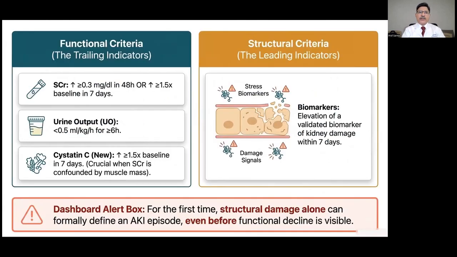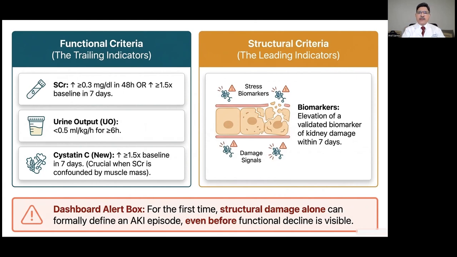Now, functional criteria and structural criteria. Serum creatinine rise of more than 0.3 in 48 hours, or more than 1.5 times baseline in 7 days. Urine output less than 0.5 per kilogram for more than 6 hours. Cystatin C also 1.5 times. Structural criteria: elevation of validated biomarkers of kidney damage, which we have seen already.